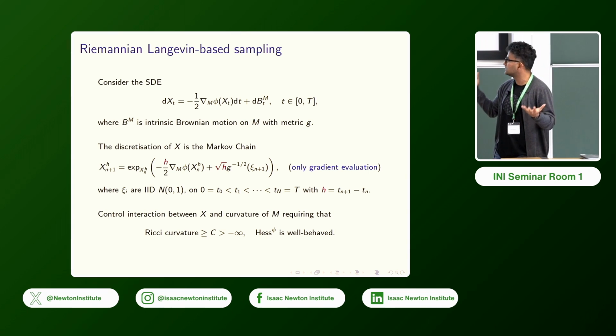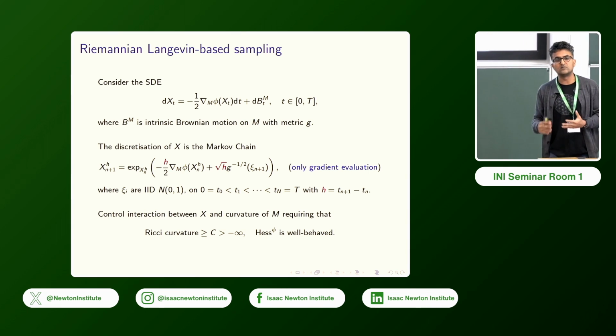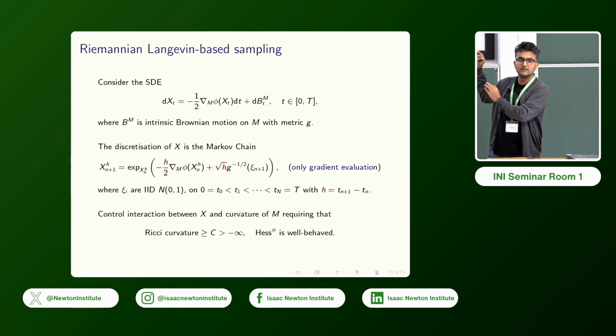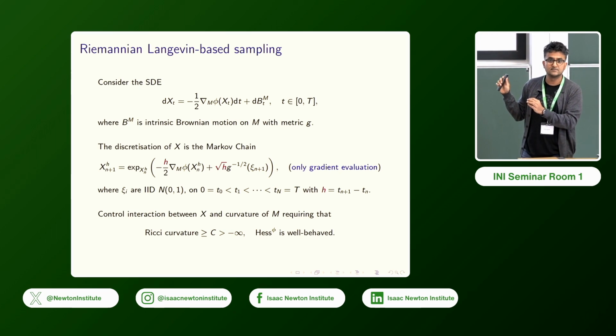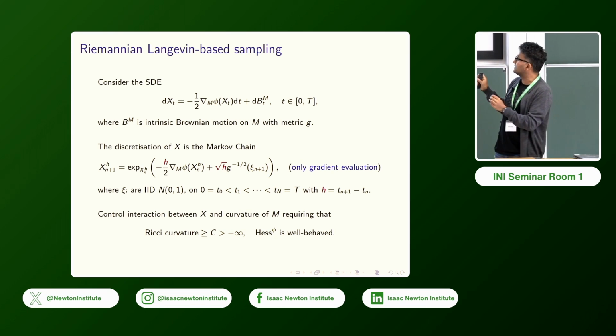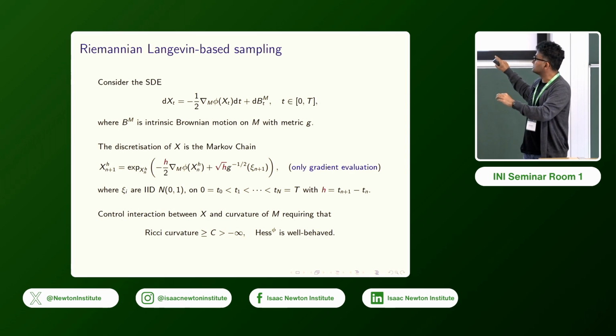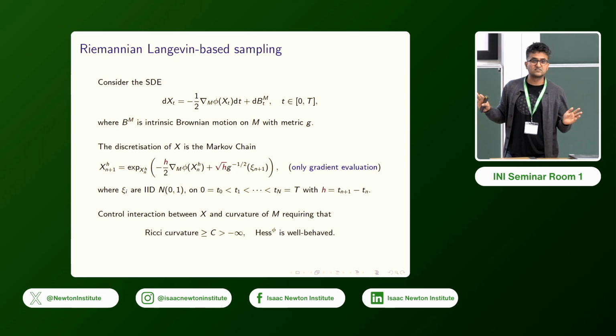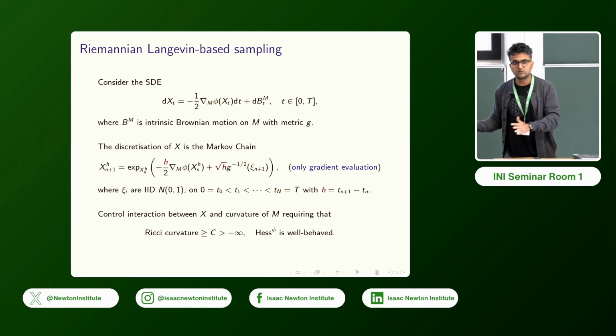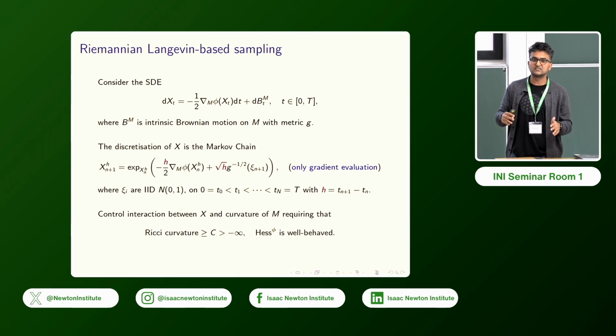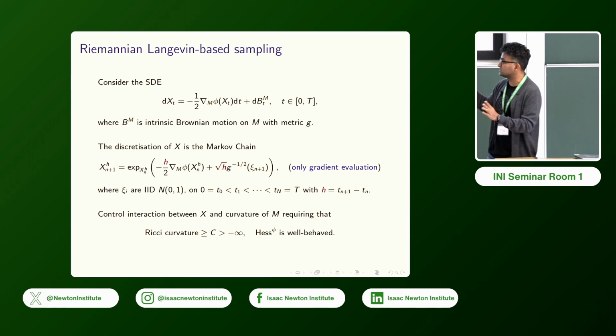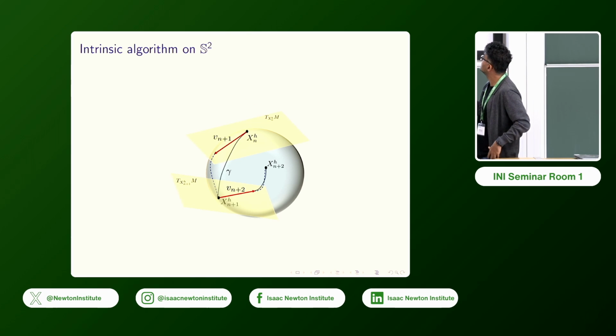Typically, you control curvatures with some lower bound on a Ricci curvature and then on the Hessian of the potential. And these conditions are not very stringent. For the scoring rules, to define proper scoring rules, the conditions are automatically satisfied on manifolds. So these are not really that stringent as such.